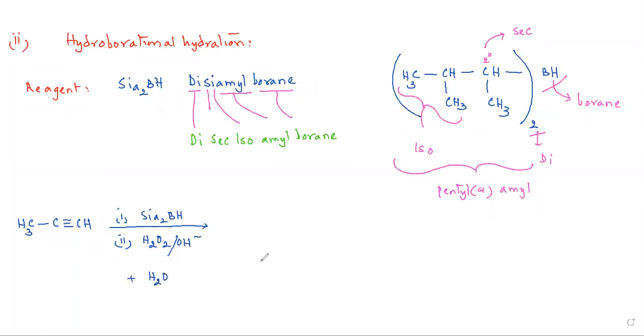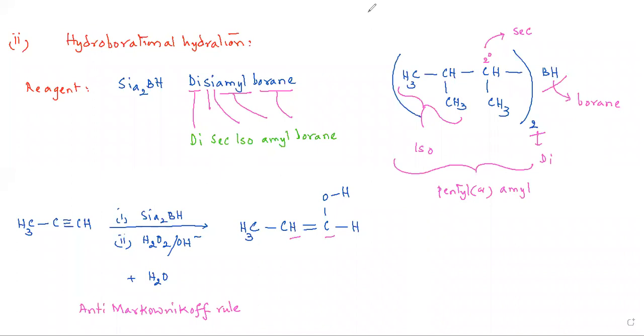In fact, it is the addition of water according to anti-Markovnikov fashion. Okay. Now, let us see. See, when water molecule is added according to anti-Markovnikov fashion, it will be CH3CH double bond C, then OH, this. See, I've added hydrogen to this and OH to this. This is according to anti-Markovnikov, right?